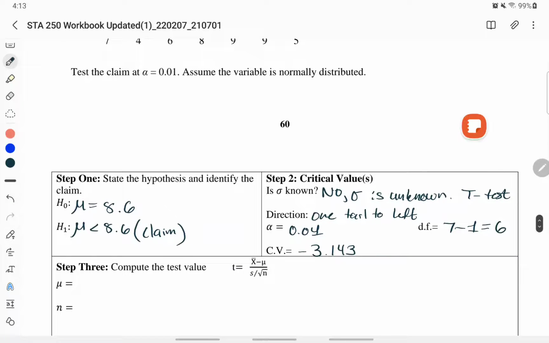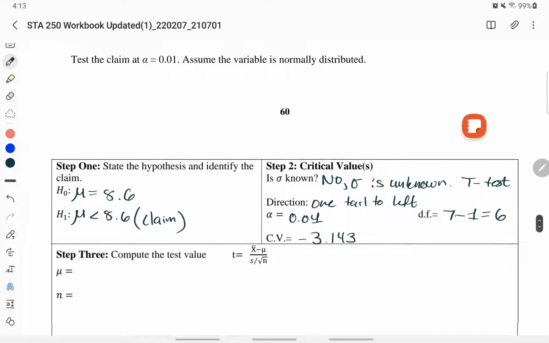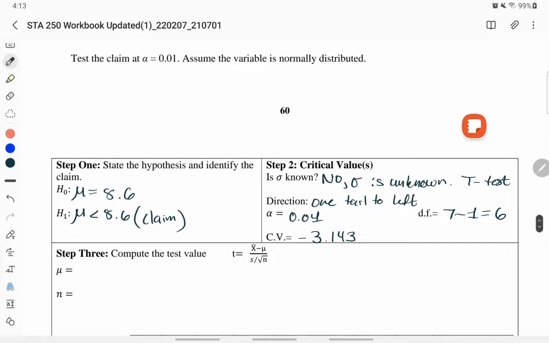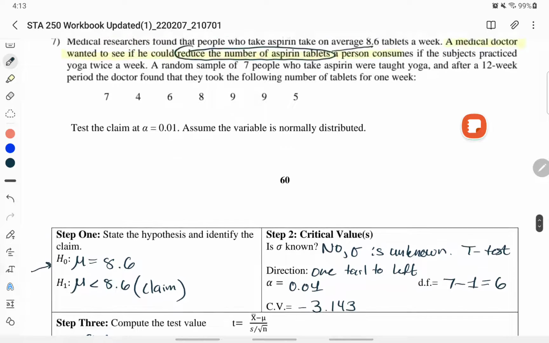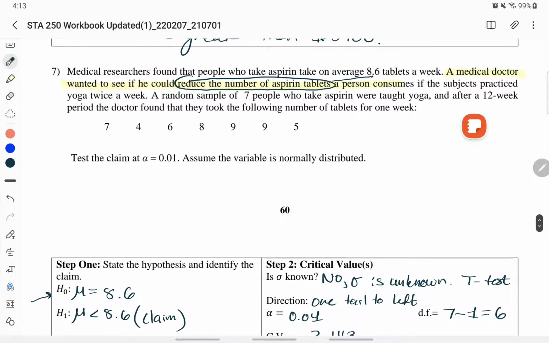Now, the next step is we want to compute our test value. However, the only thing that we know off the back is the population mean, which is stated in the null hypothesis, which is 8.6. And we know the sample size because we're looking at 7 people. However, when we read this question, we are not given the sample mean.